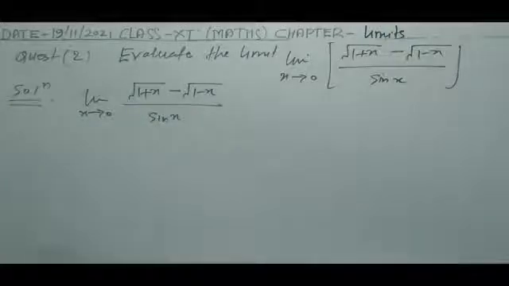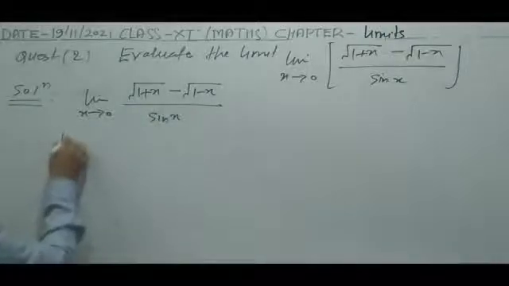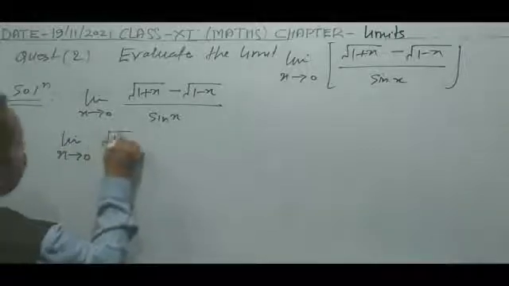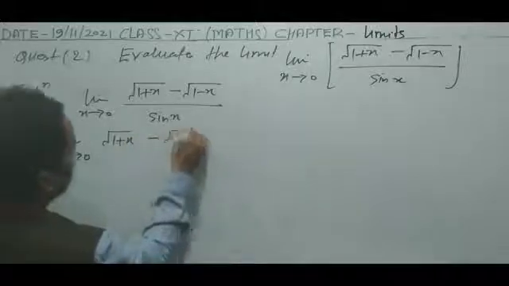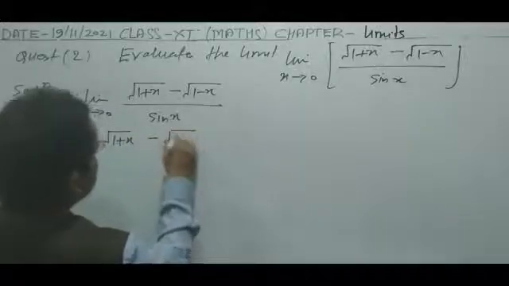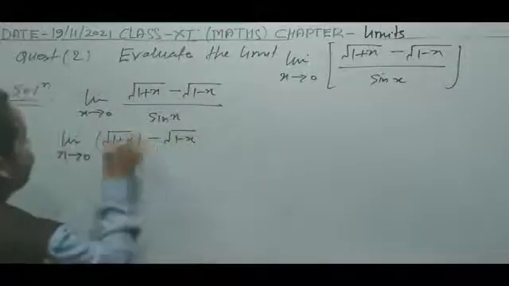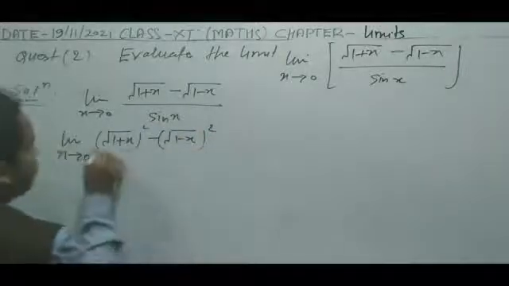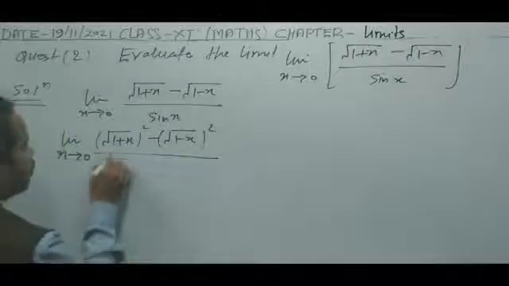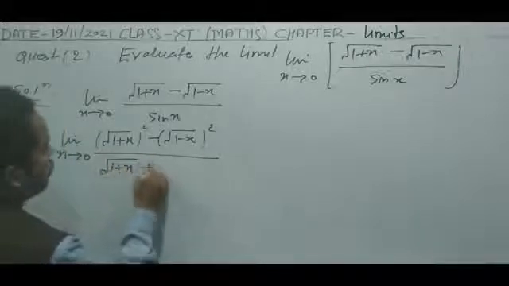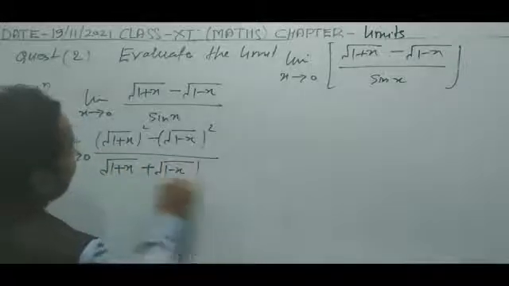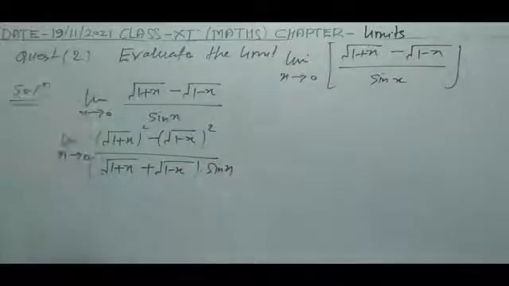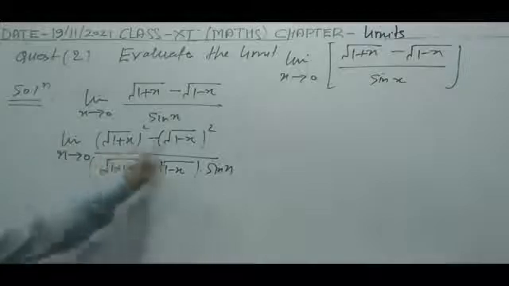So we are going to rationalize. When you will rationalize, what you will get the result? Root over 1 plus x minus root over 1 minus x, suppose whole square. This is a square minus b square whole upon root over 1 plus x plus root over 1 minus x into sin x. This is the formula a square minus b square.